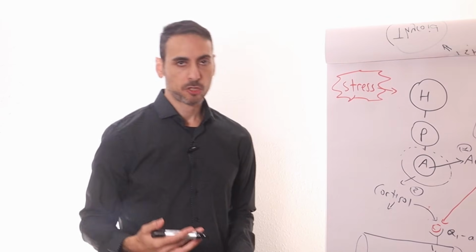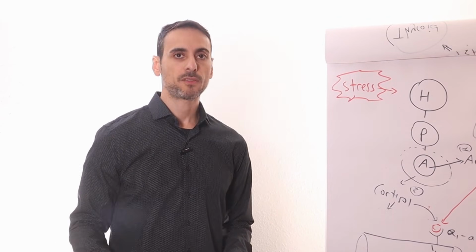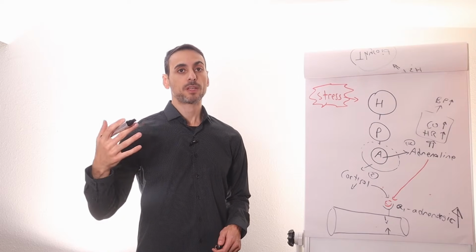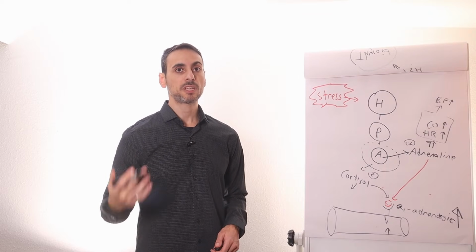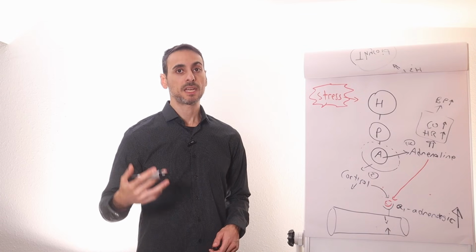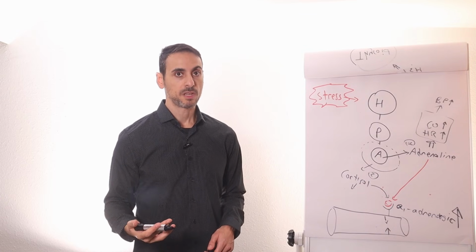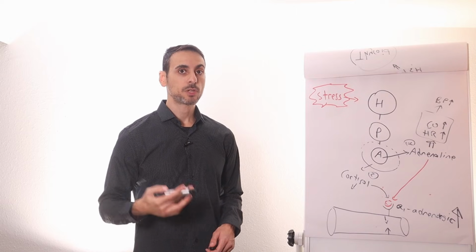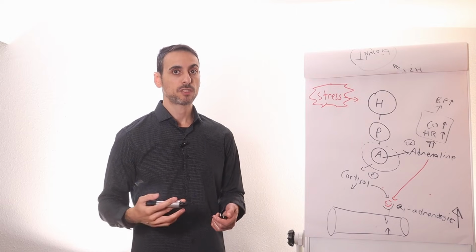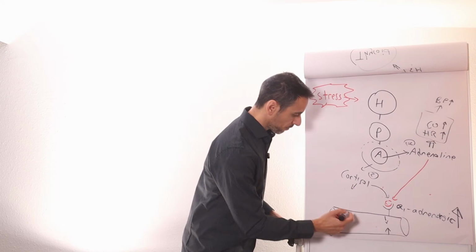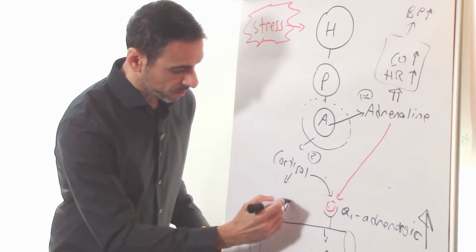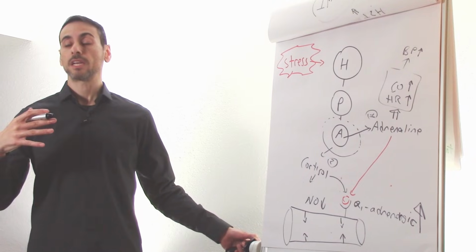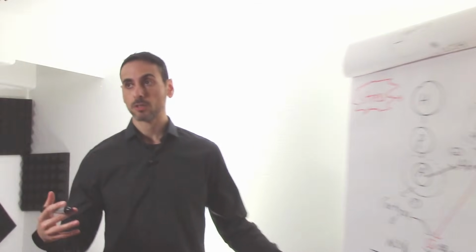The second mechanism is the impact on nitric oxide. Under chronic exposure to excess or elevated levels of cortisol, the body goes through suppression of the endothelial nitric oxide synthesis activity, which leads to a reduction in nitric oxide, which is a key vasodilator. So if you have a reduction in NO synthesis, it could lead to vasoconstriction.